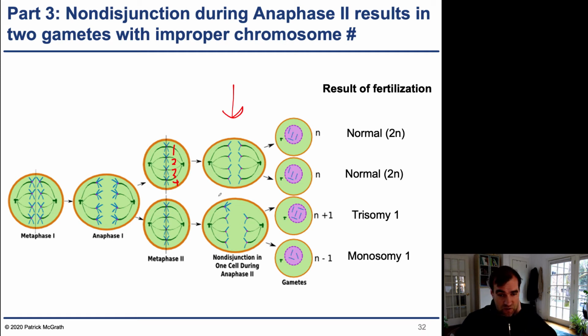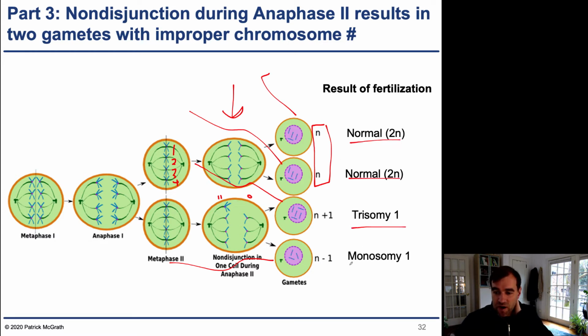One of the cells has 2 copies of chromosome 1, and the other cell has 0 copies of the chromosome. In this case, you create 2 normal gametes, and then a gamete that has 1 too many and a gamete that has 1 too few. And so the result of fertilization would be normal, trisomy 1, and monosomy 1.